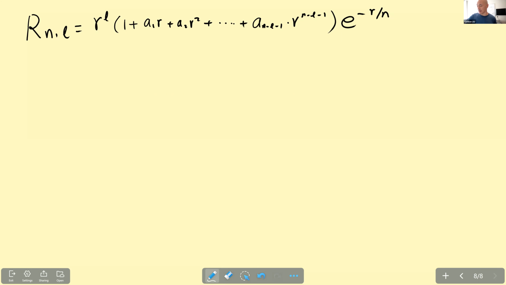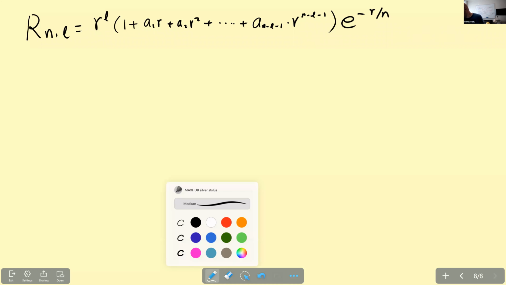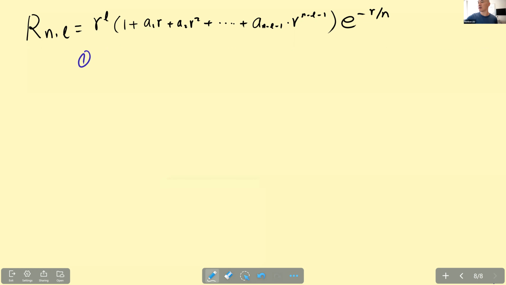First of all, you can see that if L does not equal 0, then you have R_nl equal to 0 at r equal to 0. Actually, it's r to the power L. So this is actually required by physics.